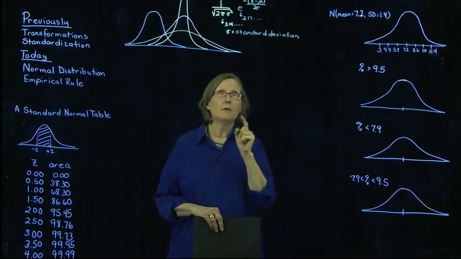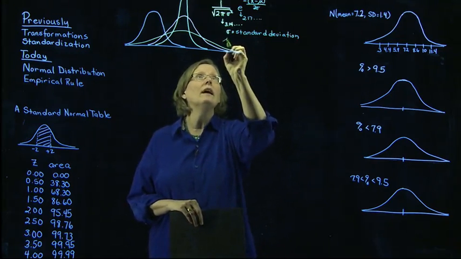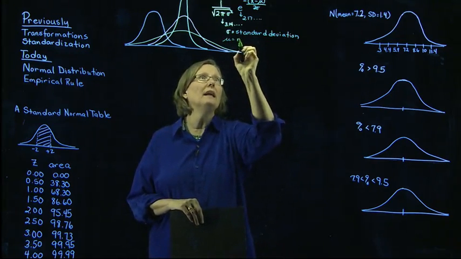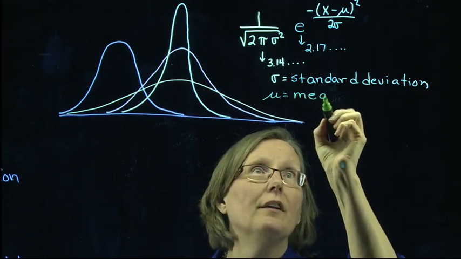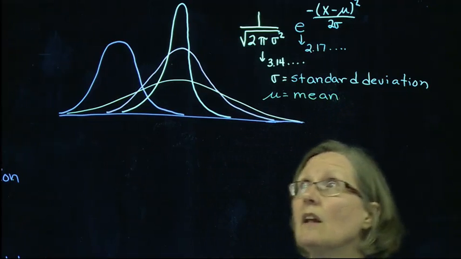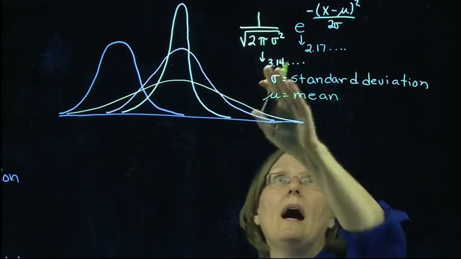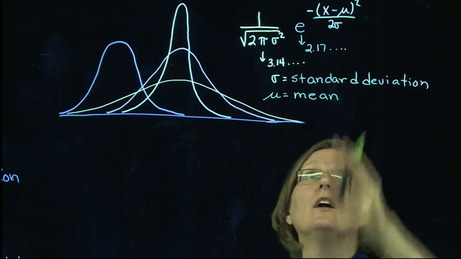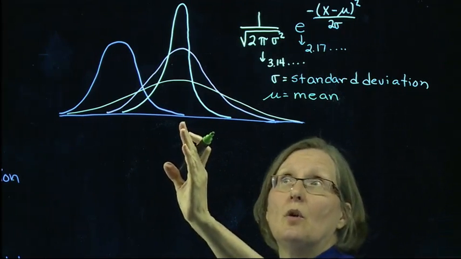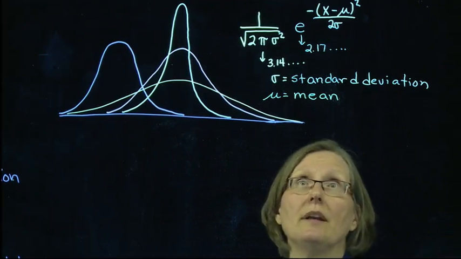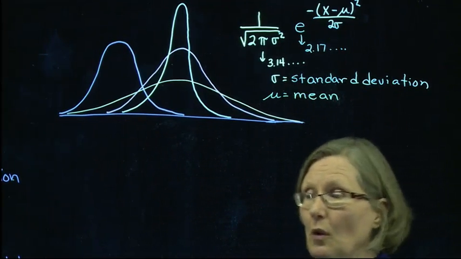Mu, another Greek symbol, is what controls the mean, or the center of the distribution. So each of these curves follows the same form. Pi and e are just constants. Mu controls where the center of the distribution is, and sigma controls the spread.